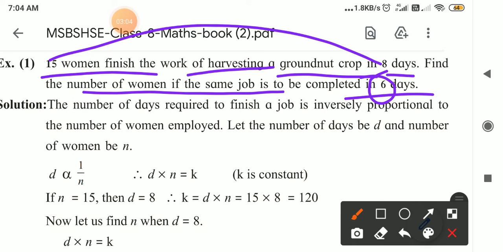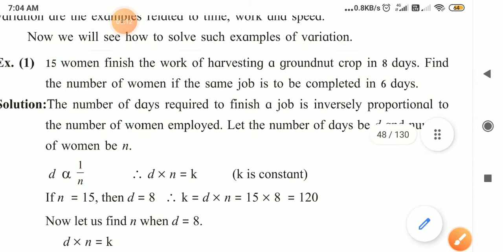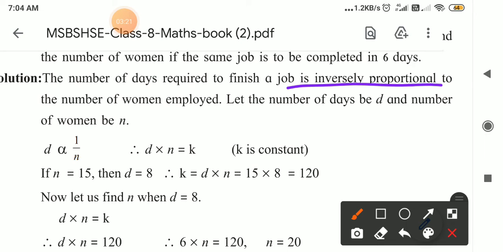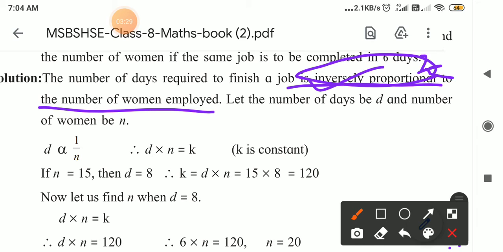Now the days are 6. In this example, first of all find the constant k. We assume that the number of days required to finish the job is inversely proportional to the number of women employed. If you write this inversely proportional, you get half the marks in the exam. Let the number of days be d and the number of women be n.